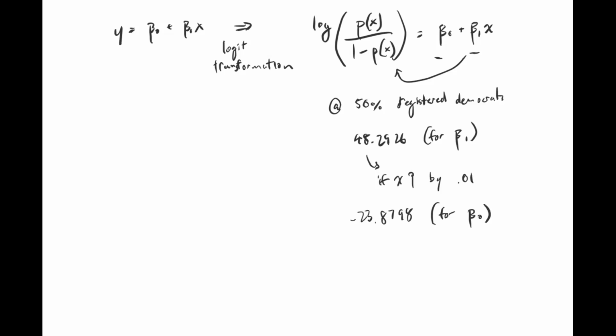So this would be negative 23.8798 plus 0.482926 is equal to the log of your probability here.